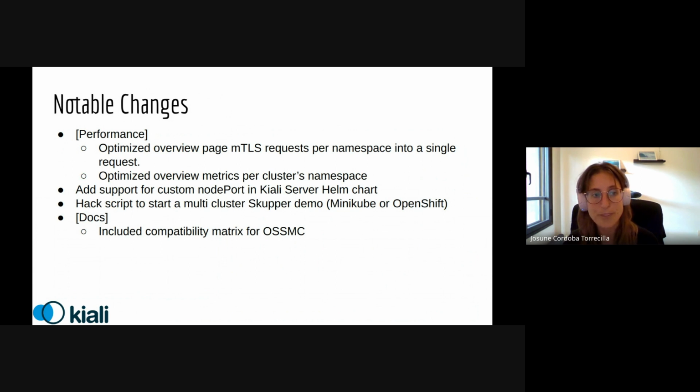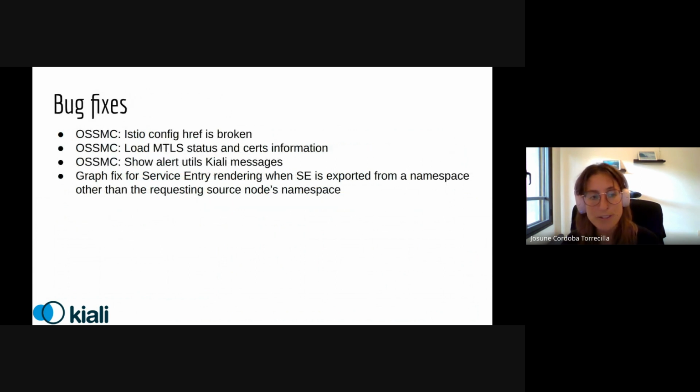Related to the bug fixes in this version, we have been working on the OpenShift Service Mesh console with some bug fixes, for example to fix the Istio config link that was broken. Now we can see the MTLS status and the certificates information.